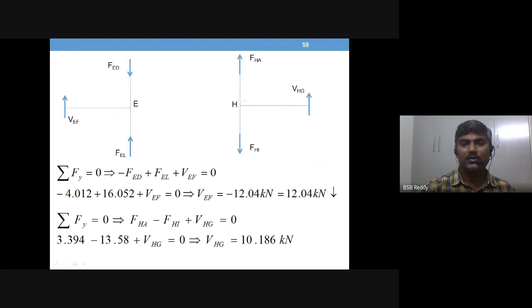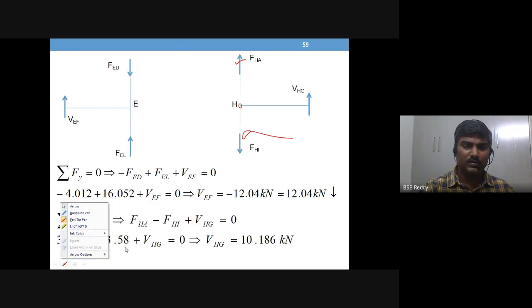Right, you see it here, H. So joint H, as I said, this is up, this is downward. Let's clear that.